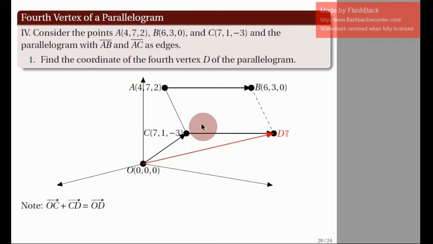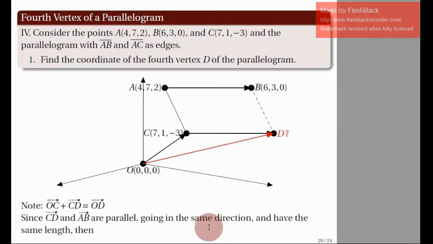So again, vector CD and vector AB are parallel, going in the same direction and have the same length. Recall that these are precisely the required conditions when we say that two vectors are equivalent. And so therefore, we have discovered that vector CD and vector AB are in fact equivalent vectors.